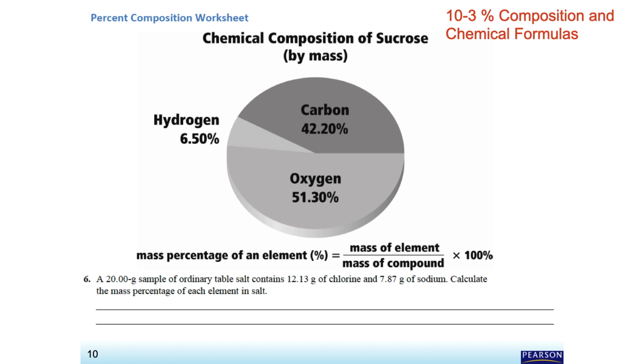So the first one is 12.13 grams of chlorine divided by 20 grams of sodium chloride times 100, which gives me 60.65% chlorine. I have 7.87 grams of sodium divided by the 20 grams of sample times 100, which comes out to 39.35%. And as always, if you add those together, they will equal 100%.